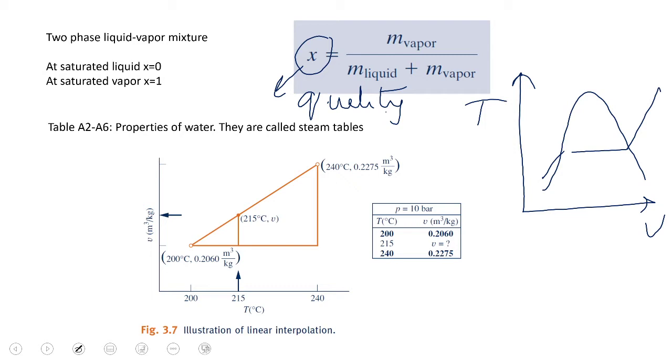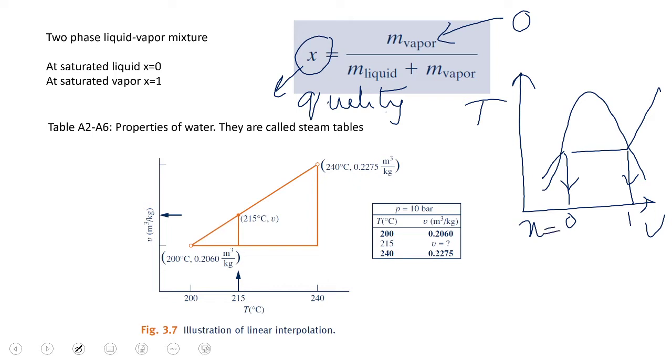So this is again the vapor diagram. Here X is 0 and here X is 1. Here mass of vapor is 0, so X is equal to 0.